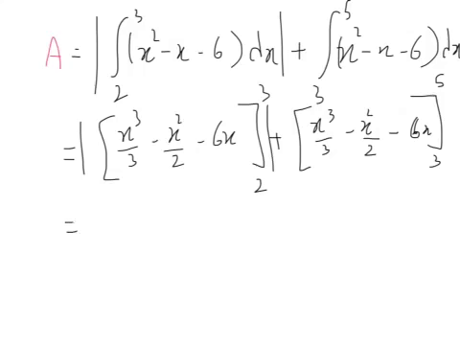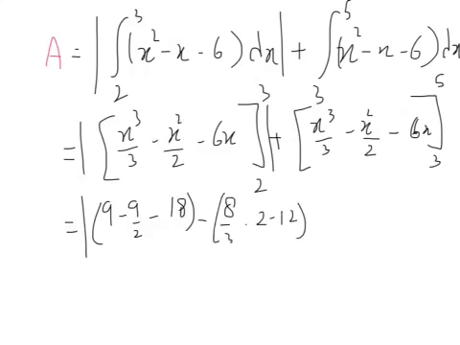And therefore, after you substitute, you end up with 9 over 2 minus 18, and substituting the 2 in there, you end up with minus 8 over 3 minus 2 minus 12, and again the absolute value, and so on with the substitution to the end until you end up with the area equal to 14 5/6 square units. And that's it.